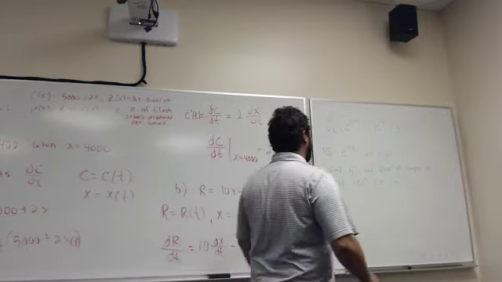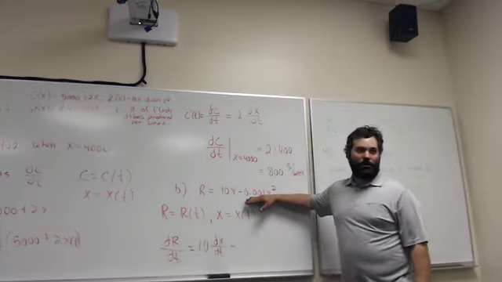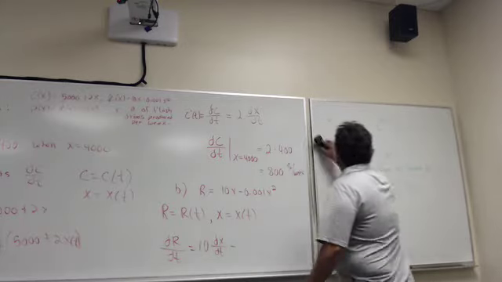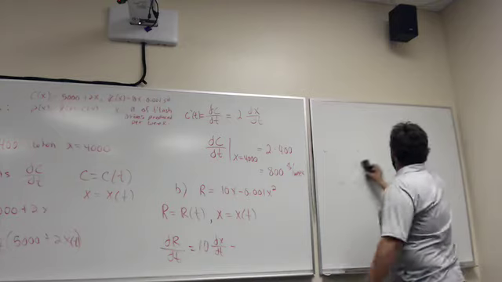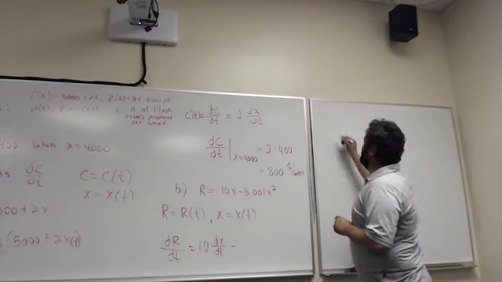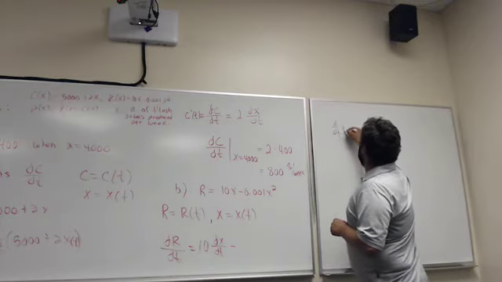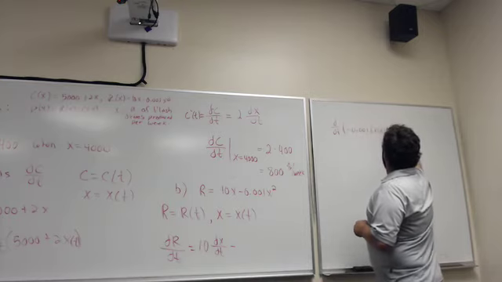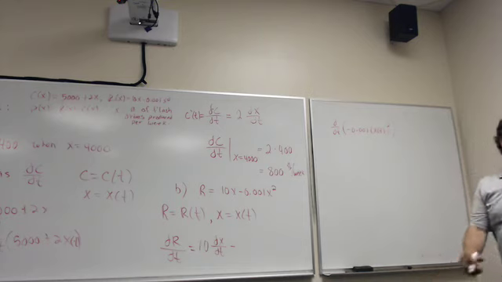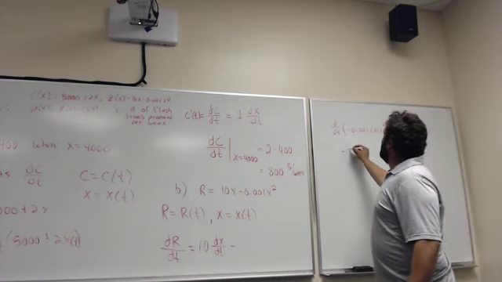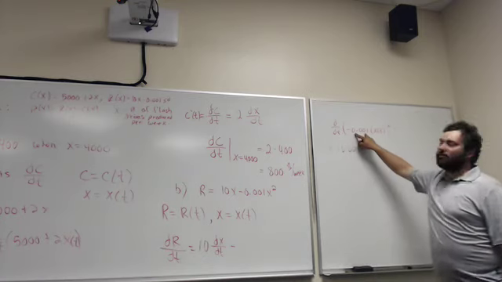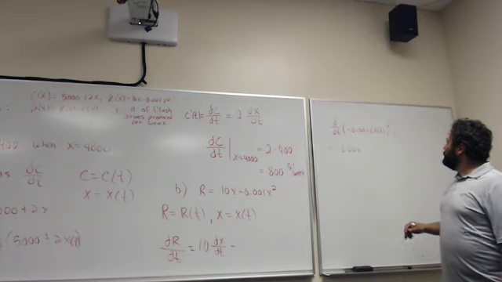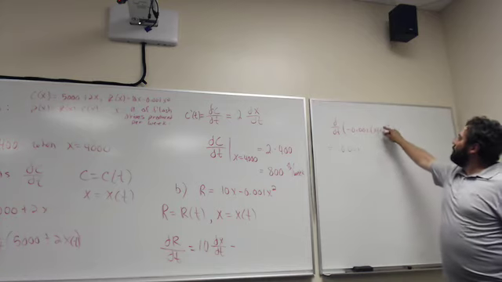Minus, now this one's a little trickier. I think I'll do this term on the side, and I'll do it with x prime just to help everybody. So this term can be thought of as the derivative with respect to t of minus 0.001 times x of t, with the square on the outside. We're thinking of x as a function of t. So the constant multiple rule says the minus 0.001 can stay out front. And then how do you take the derivative of a function to a power?